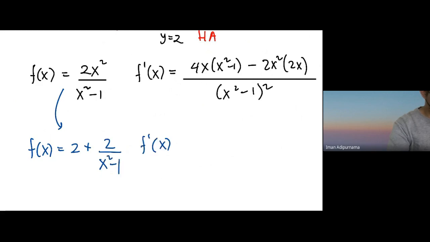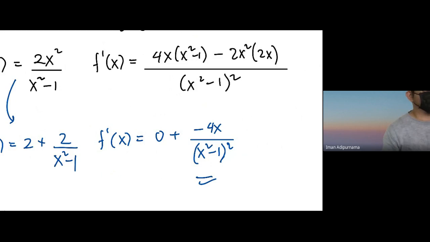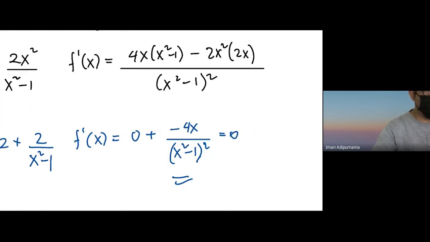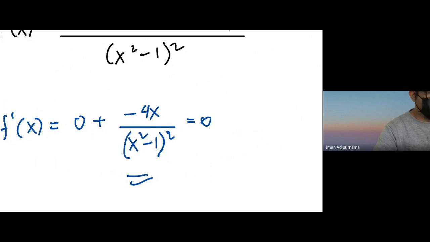Then the derivative is 0 plus, using the same quotient rule but more easily, 0 minus 4x, and directly get minus 4x. And from here we can set f prime to be 0, and we notice that when 4x is 0, then x is 0. So x equals 0 will be our critical number.